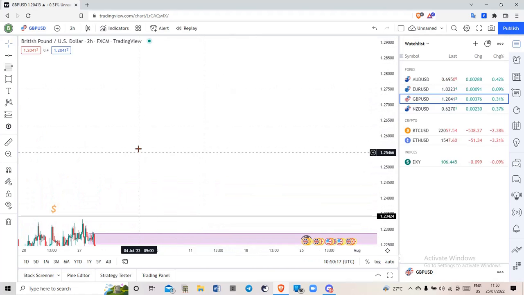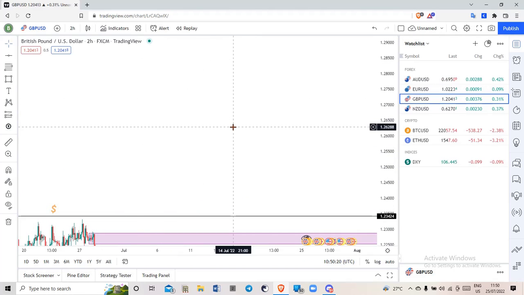Let's first talk about the sideways movement of the market.